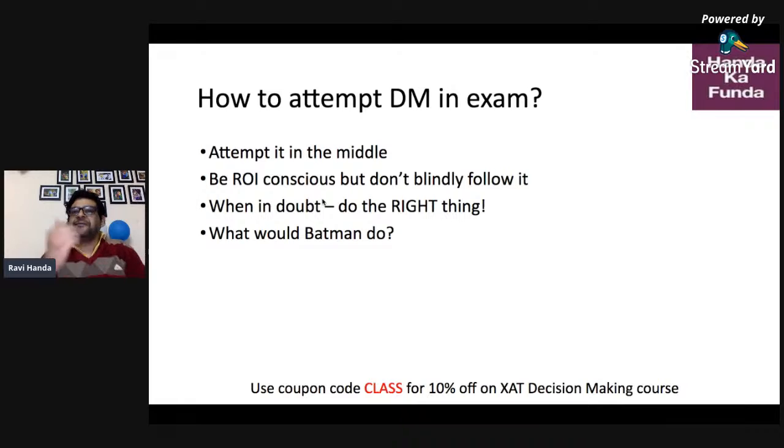Then for every passage that you pick, just see how big the passage is and how big the options are. You will see in decision making, some of the questions will be a question and 5 options. And then some of the questions will be a question with 5 or 4 statements, rank them in a particular order, or out of these 5, which 3 will you pick?